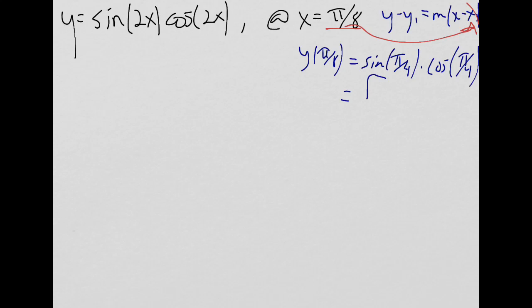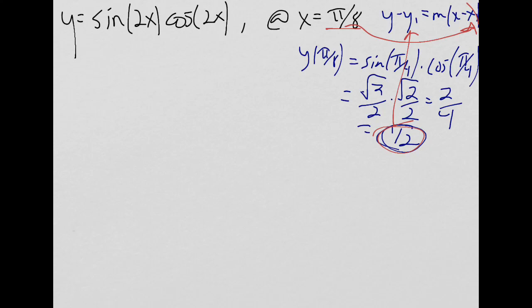So I get root 2 over 2 times root 2 over 2, which gives me root 2 squared, which is 2 over 4. So I get 1/2. Circle that in red. That is going to go in for y1.